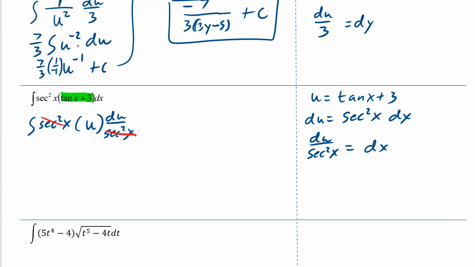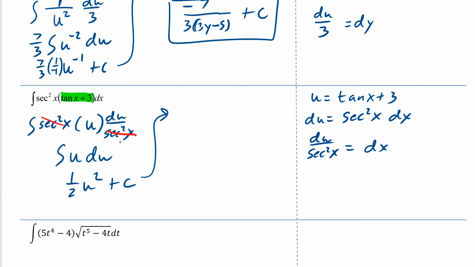So remember, this is just the reverse of chain rule. So we want to look for the one that when we take the derivative of it will become the other one. So tangent will become secant squared. Everything works perfectly. So, oops, wrong color. We have the integral of u du, and that's just 1/2 u squared plus c.